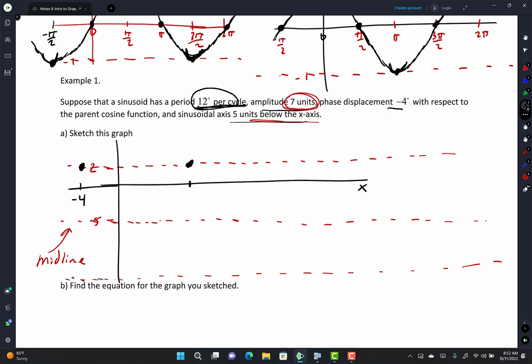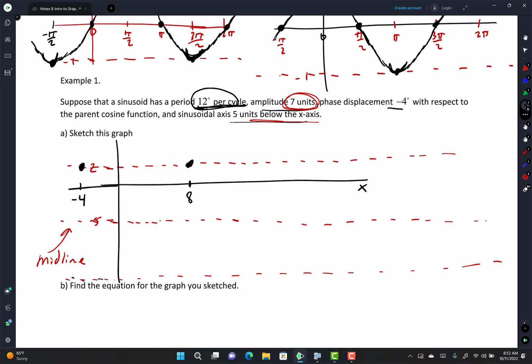What do you think it is? Remember, the period is 12, guys. So if I have a peak at -4, 12 degrees later I have another peak. So it's going to be at 8. Good job. Don't be scared, guys. It's okay if we're wrong. What's the worst that's going to happen?